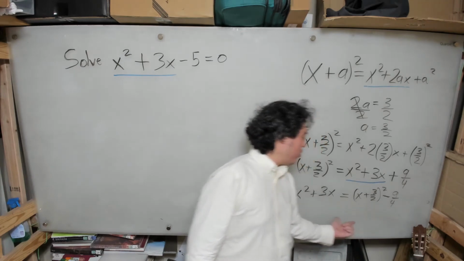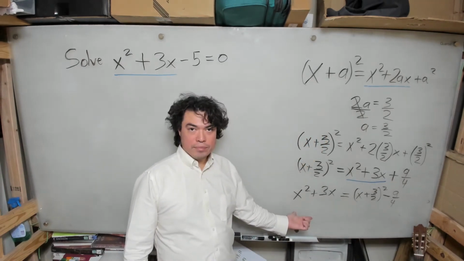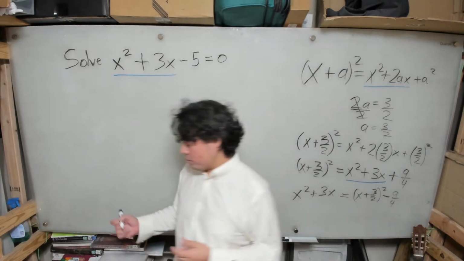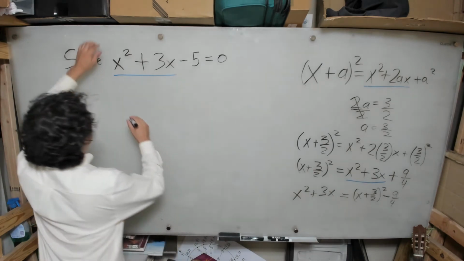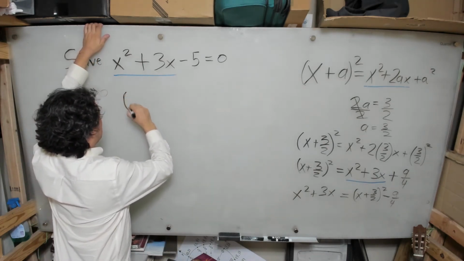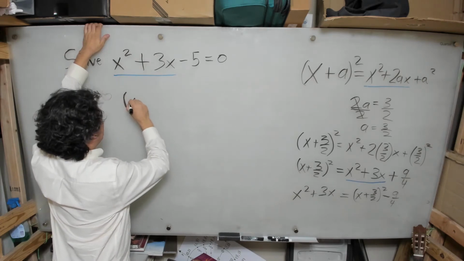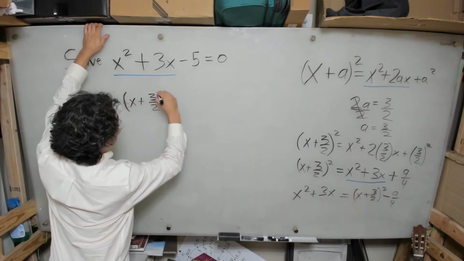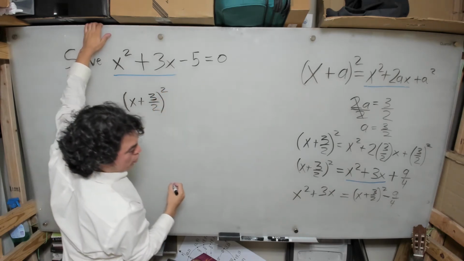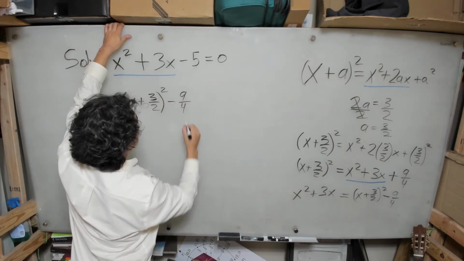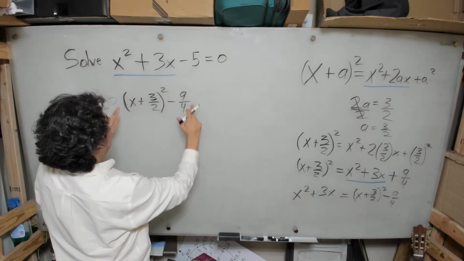So now I'm going to replace x squared plus 3x in the original equation with this expression. Let me do that here. So this is exactly that.